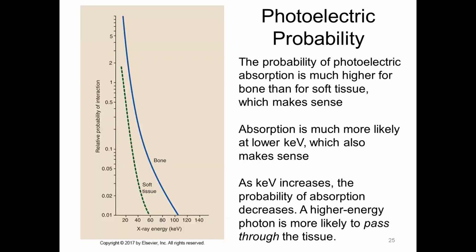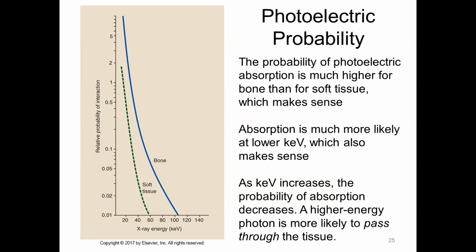First up, a probability graph from a textbook that you do not have, but very similar to the chart in figure 12.5. Figure 12.5 shows photoelectric and Compton for soft tissue.